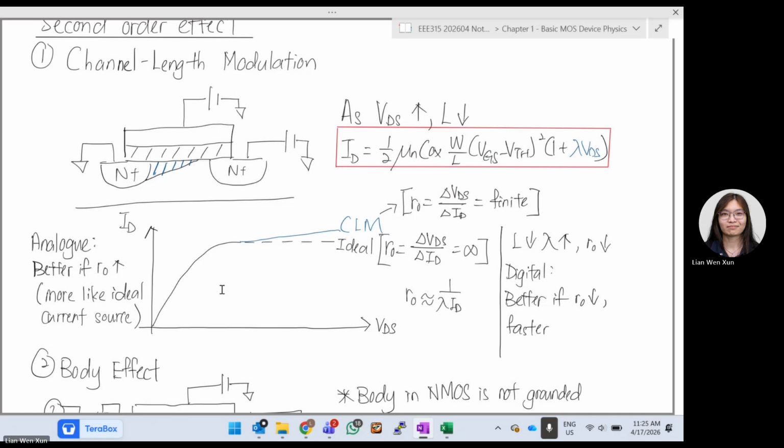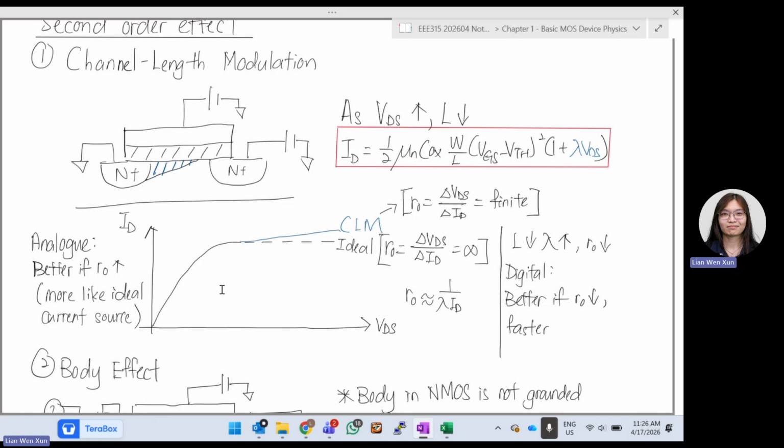So generally, for analog, we would like an ideal current source, which is a straight line. So it will be better if we have our length longer. Imagine that initially the length was this long, and because of channel length modulation, the effective length is only this part, but it's still very long.